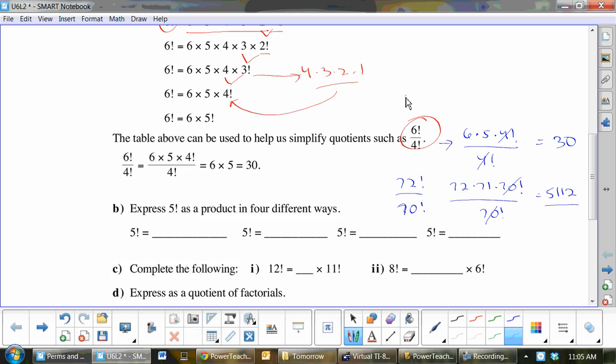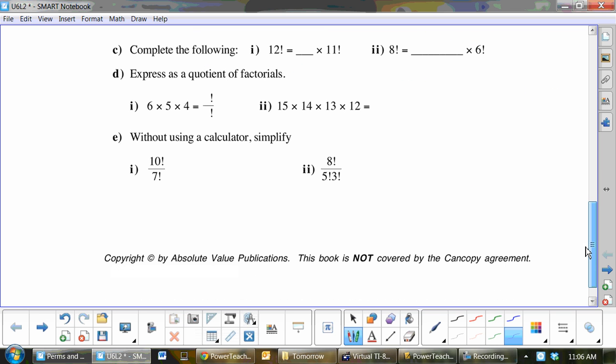So your calculator does not have this program built into it. It knows how to do factorials, but not big ones. It is too big for the memory, for the unit itself, okay?